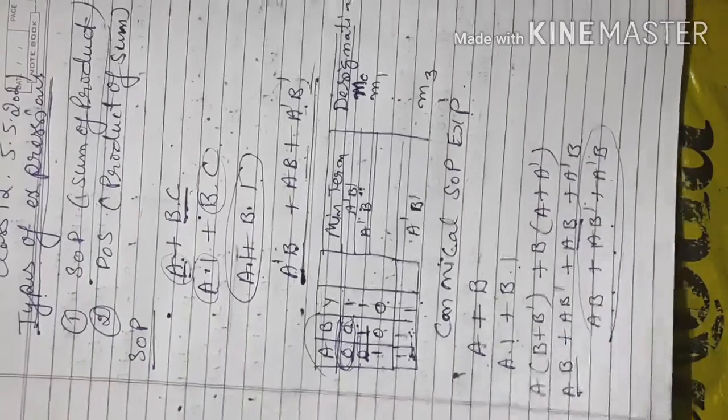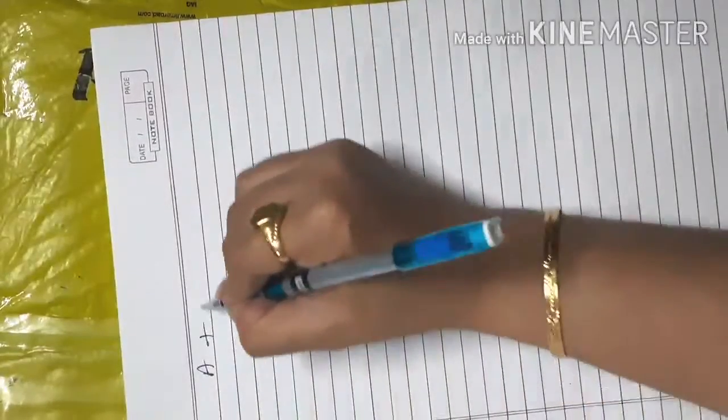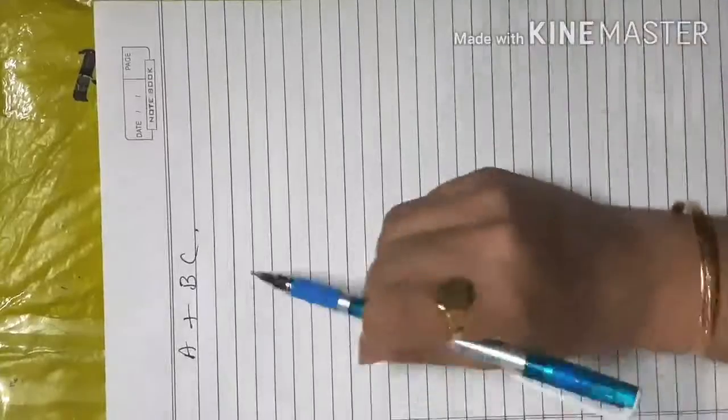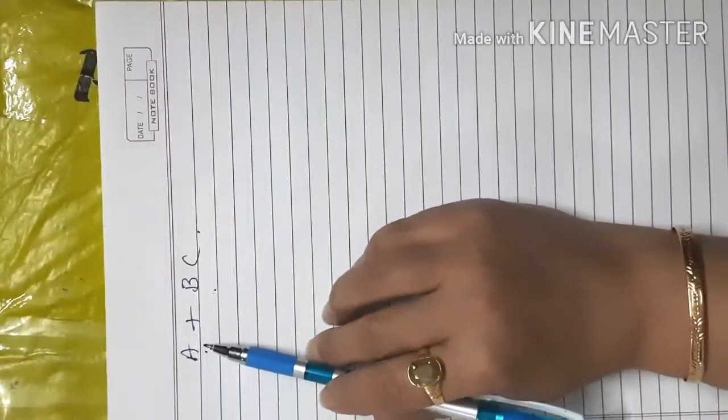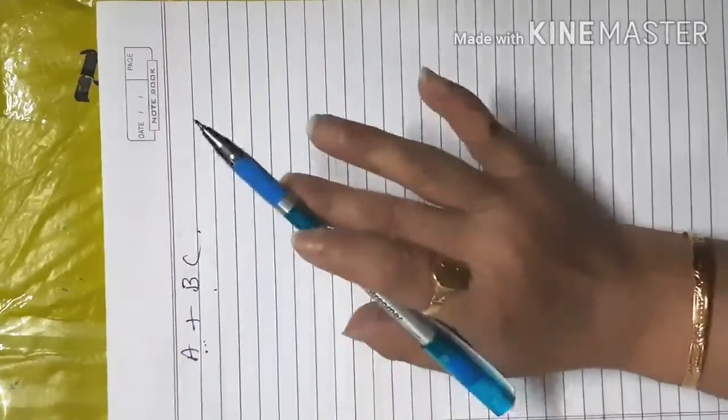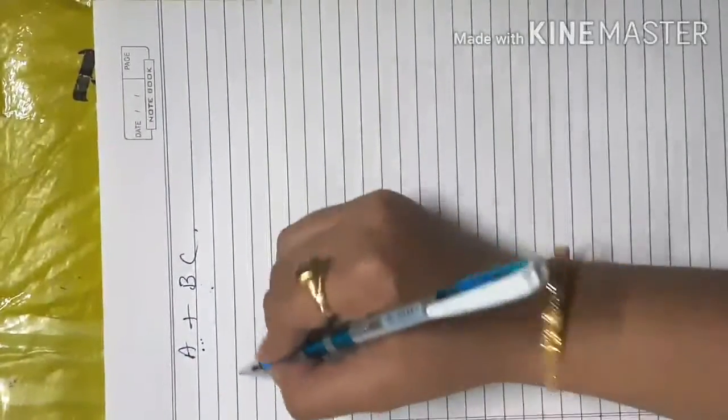I take one more example. Suppose I have a question like A, B, C, that I took earlier. If you look at this, here BC is missing and here A is missing. Whatever variable is missing, first you mark 1 on that.